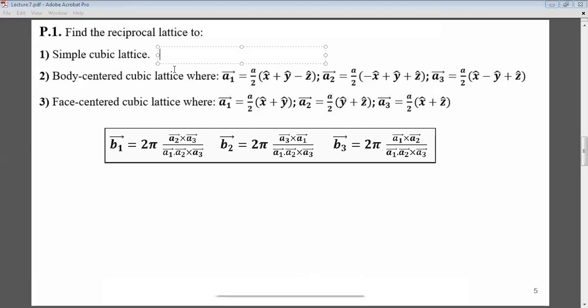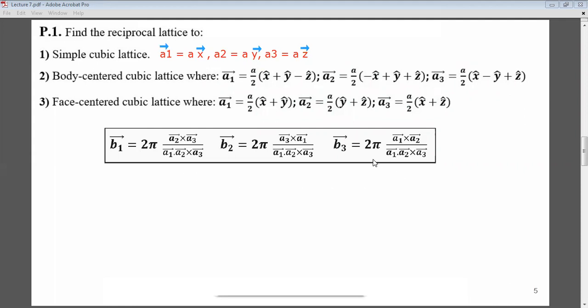Here, I just have to remember that the primitive lattice vectors in a simple cubic lattice are A1 equal to a x-hat, A2 equal to a y-hat, and A3 equal to a z-hat, where these are the unit vectors in the direction of X, Y, and Z. Now I want to get the reciprocal lattice.